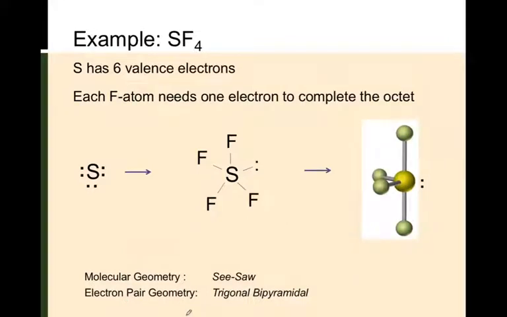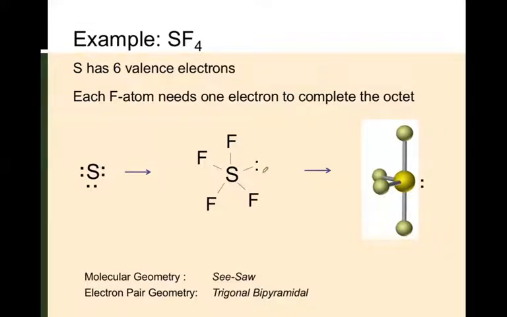Then looking in more detail at SF4, sulfur has 6 valence electrons. Each fluorine atom needs 1 electron to complete the octet. Because of its ability to extend its valence, it's able to share 4 of its valence electrons with the 4 fluorines that need 1 electron. So that's forming 4 sulfur fluorine bonds.